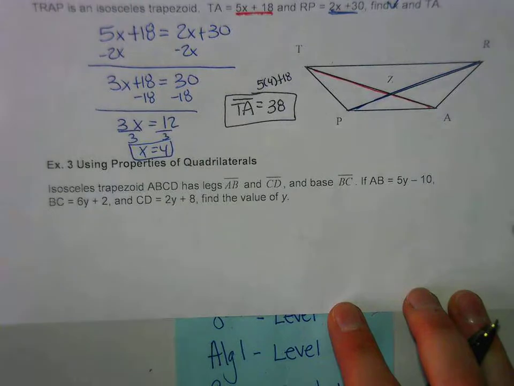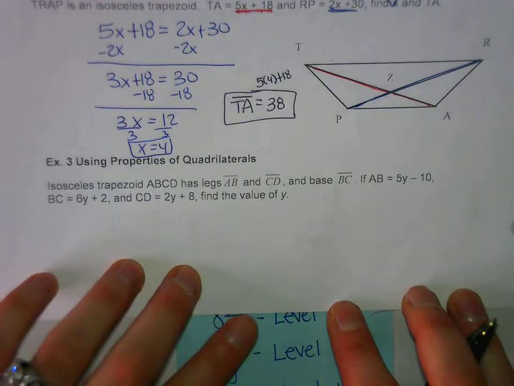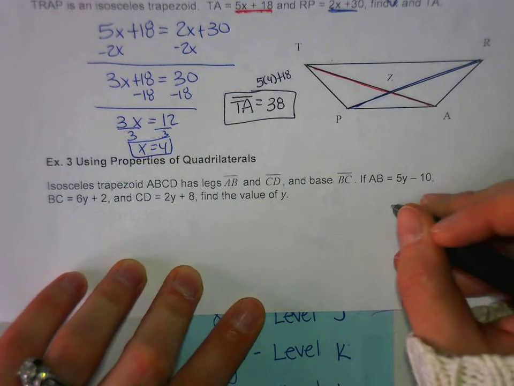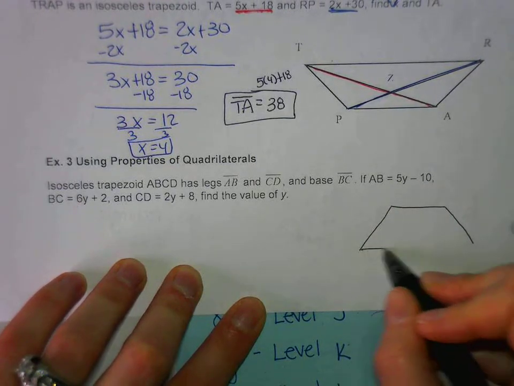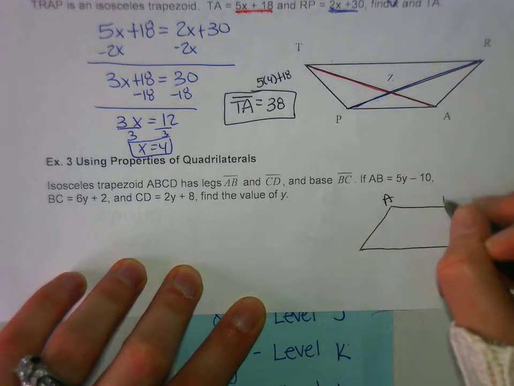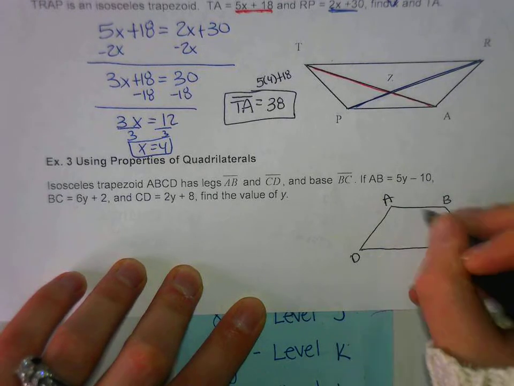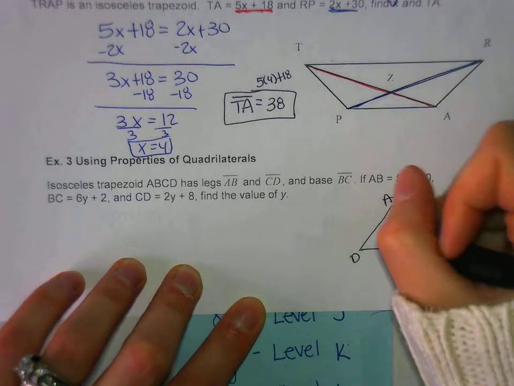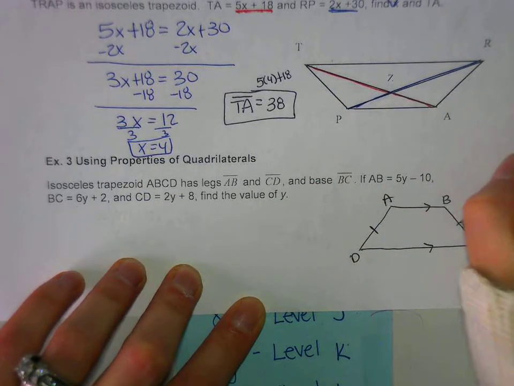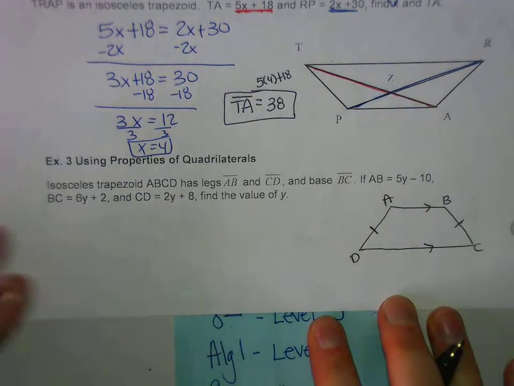So example 3. Isosceles trapezoid ABCD. So since it's not drawn out, I'm going to draw it out to the best of my ability. So A, B, C, D. It's an isosceles trapezoid, so that means AB is parallel to DC, and that also means AD is congruent to BC.